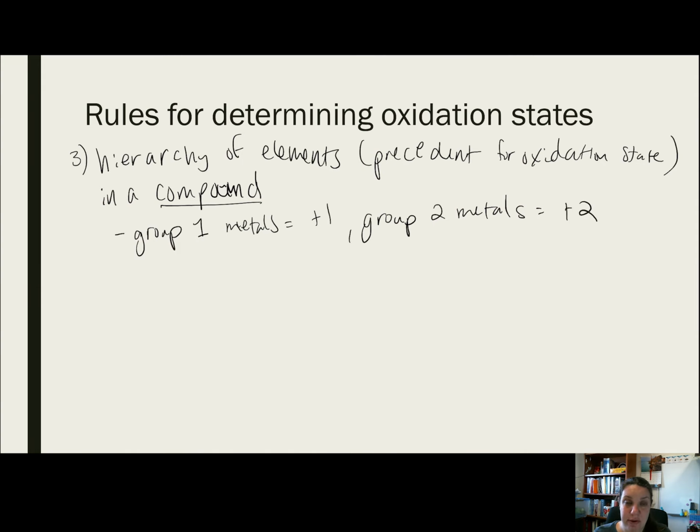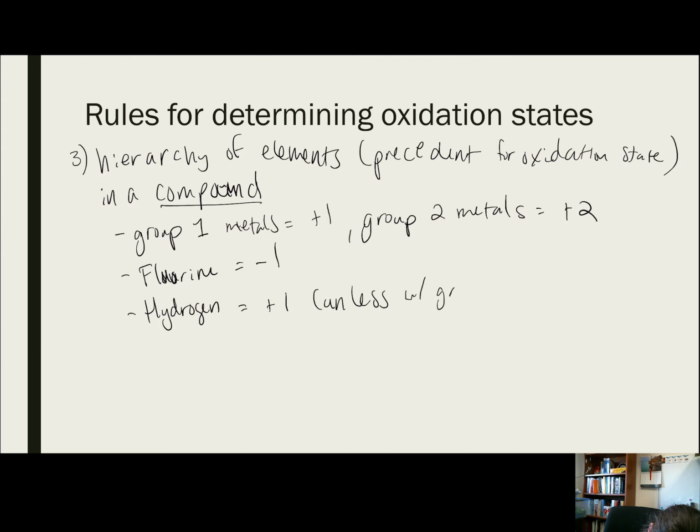Fluorine will always be -1. Hydrogen will be +1 unless it is grouped with group 1 or group 2. That would be a hydride, so it would be a negative charge instead.